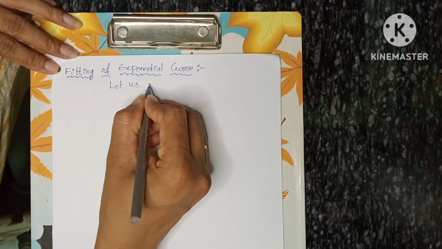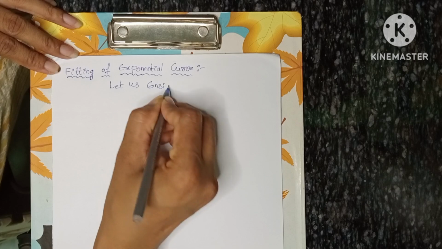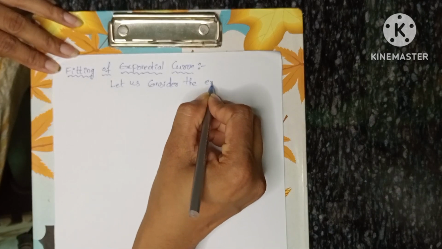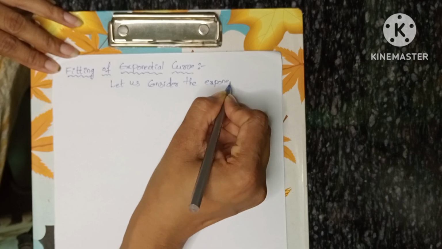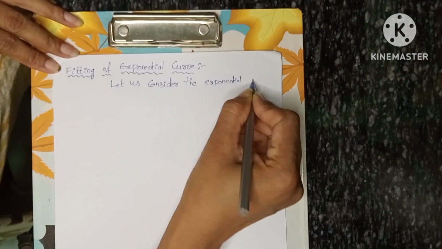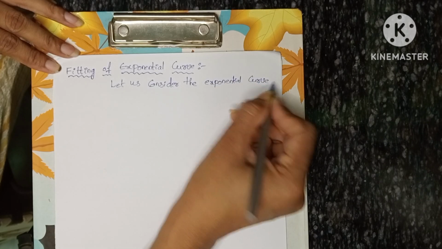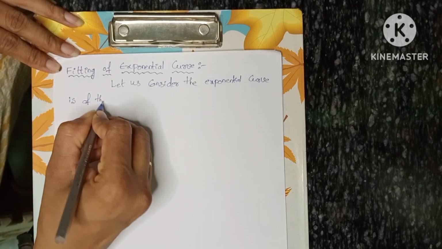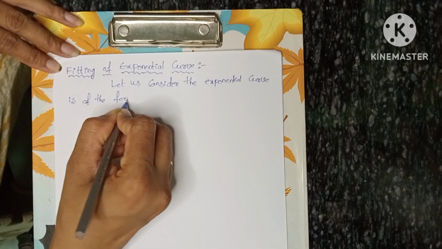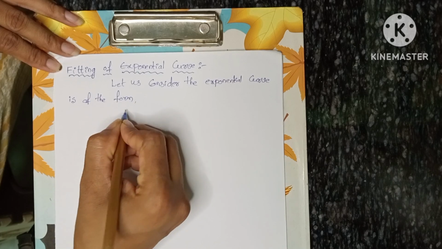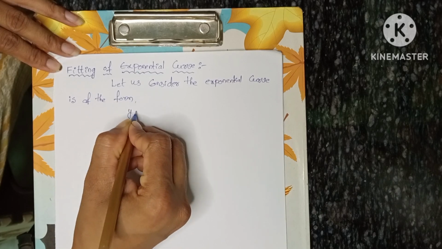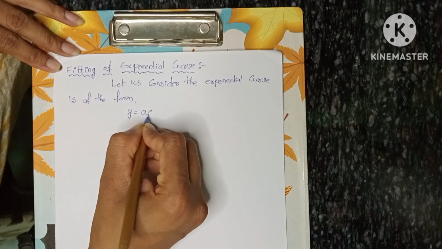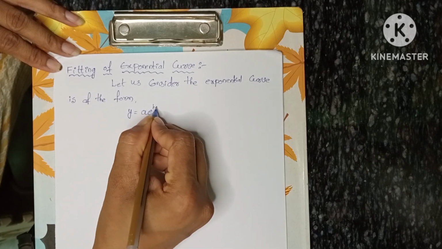So first, let us consider the exponential curve is of the form y equals a e power bx.